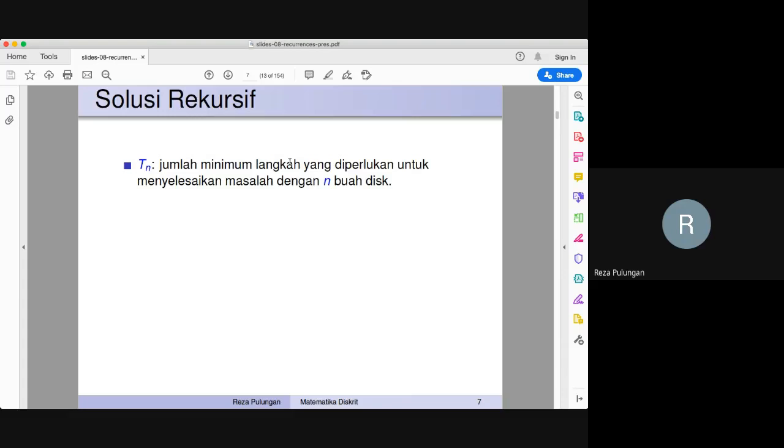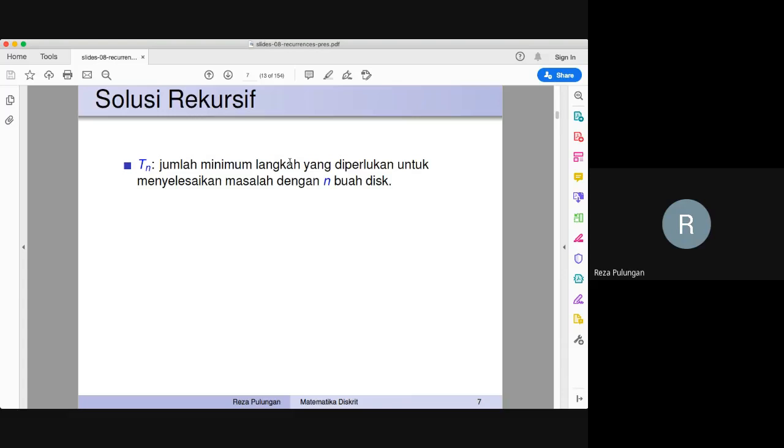We call this function T of n. Tn denotes the minimum number of steps required to solve this problem for n disks. So if you have n disks, Tn is the number of steps you need to move them from the first to the third tower. Okay?